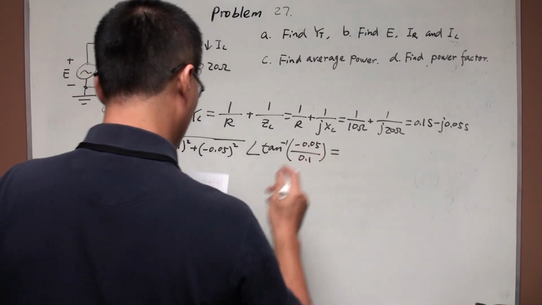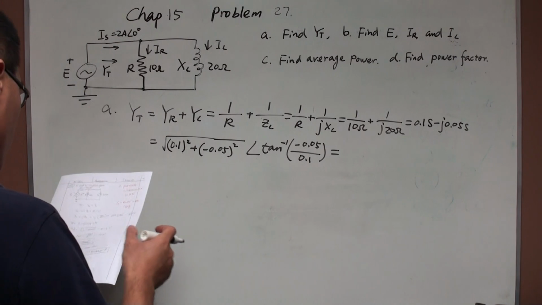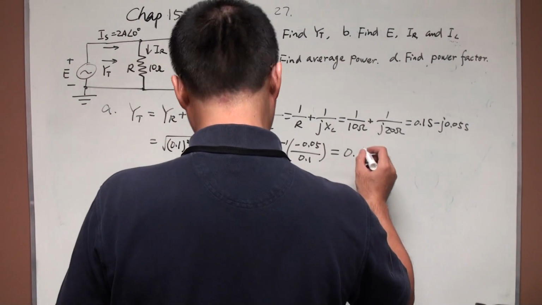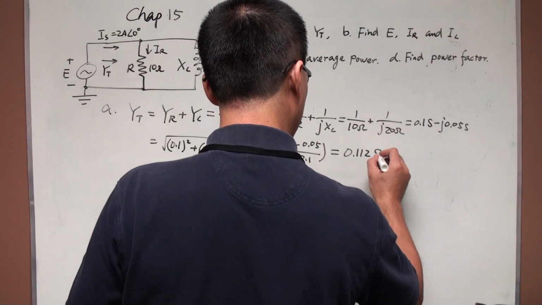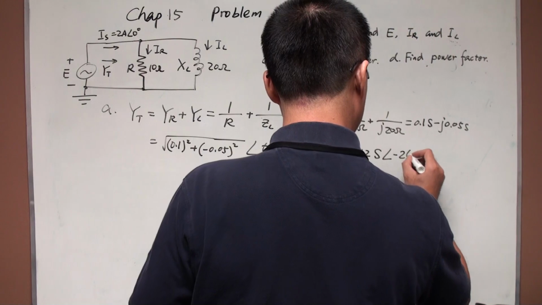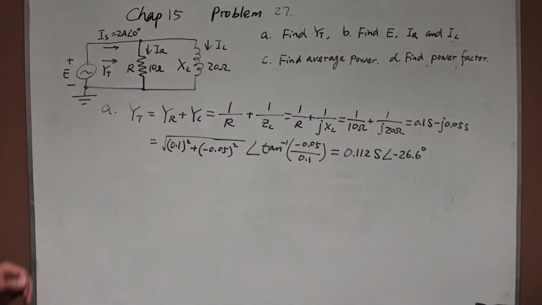If you do the calculation, it will be equal to 0.112 S with an angle of negative 26.6 degrees. So this will be the total admittance of this circuit.